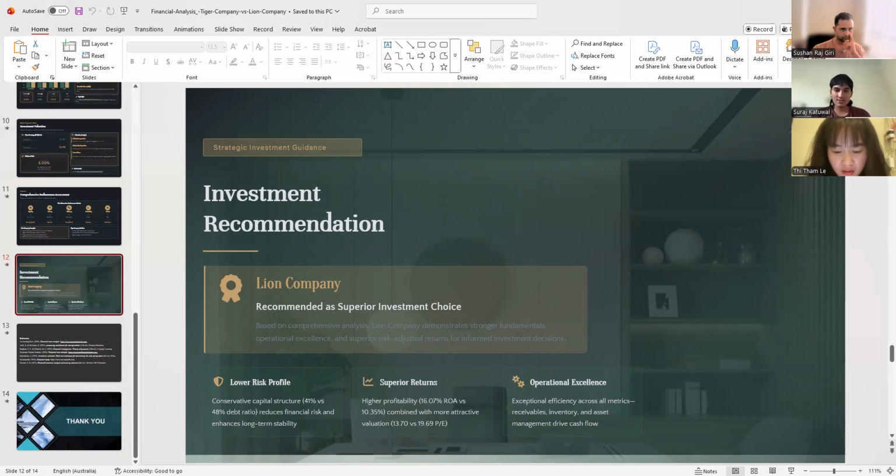Lion's performance reflects better management, stronger financial discipline, and lower overall risk. This integrated assessment clearly positions Lion as the financially superior company.